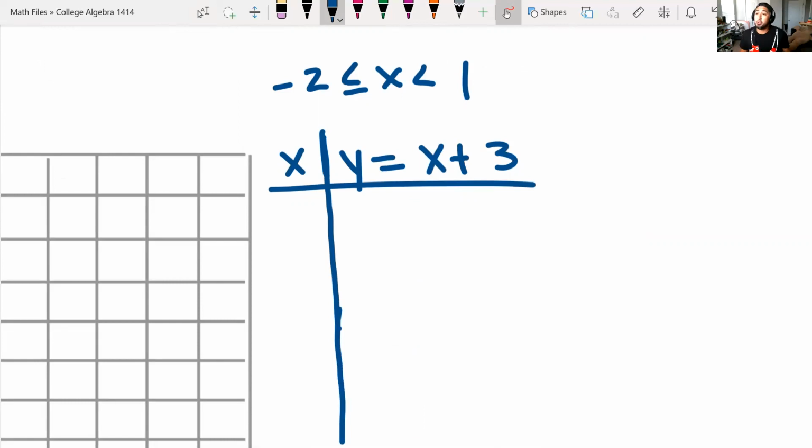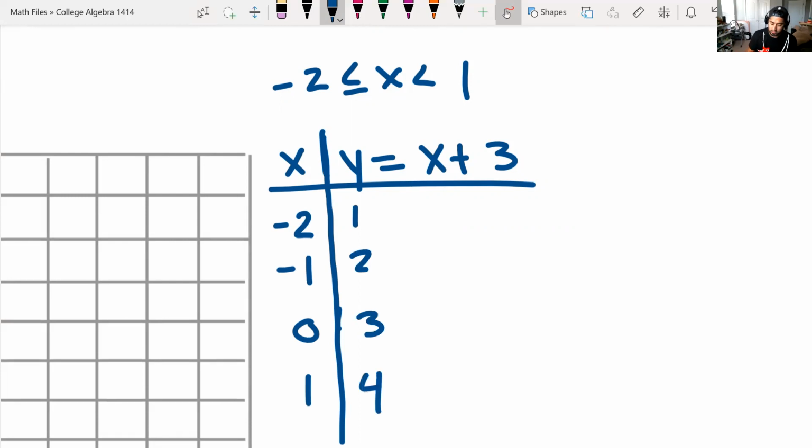And what's great about this compound inequality, it's actually telling us what numbers to use. Even better, it says choose numbers from -2 to 1. So that's what we'll pick. -2, -1, 0, 1. And now plug them into x plus 3. If I plug it in, I'll get 1, 2, 3, 4.